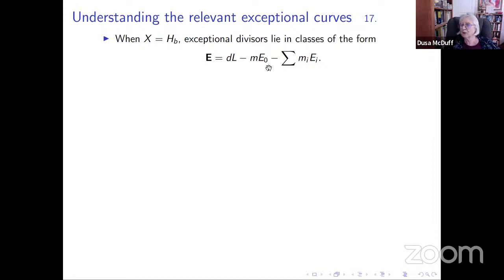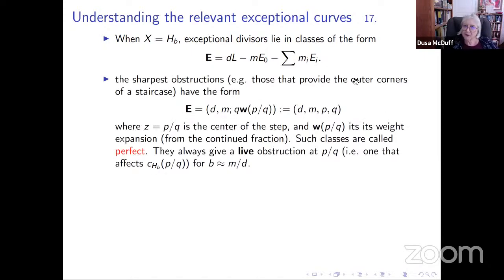We've got one special blowup, which is our blowup of size b, so that's got a coefficient M. And then we've got all the other blowups which correspond to the remnants of our ellipsoid, and they have sizes m_i. The best obstructions, which are the ones that give the outer corners of the staircase, have a very special form. D and M are whatever they are, but the m_i, the coefficients here, are given by the integral weight expansion of p over q.